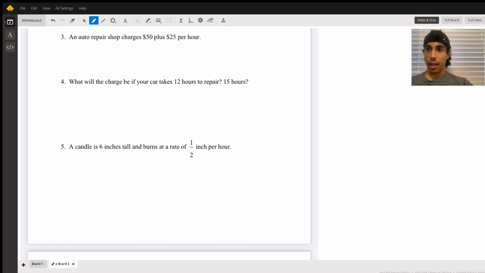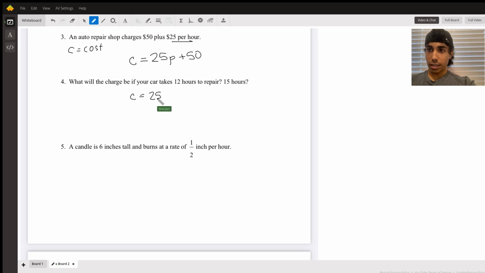Number 3 we got auto repair shop, $50 plus 25 per hour. So again, I'm just going to define my variable C as the cost, and I'm going to say cost equals 25 per hour plus that initial fee of 50. Then if it takes 12 hours to repair, that would be cost equals 25 times 12.